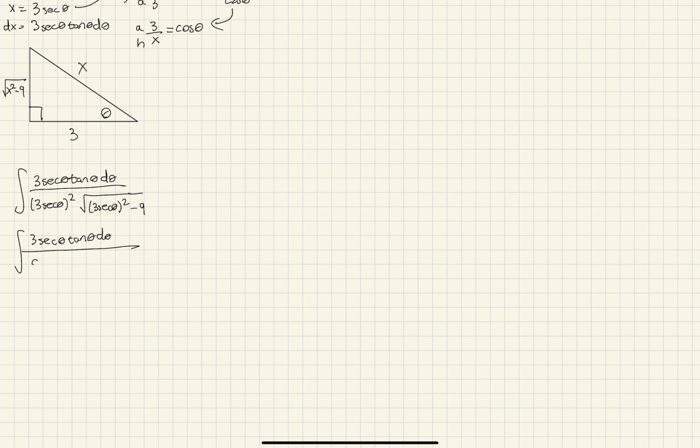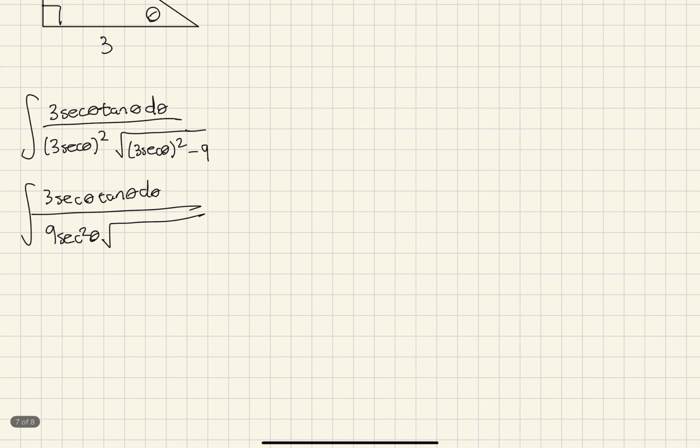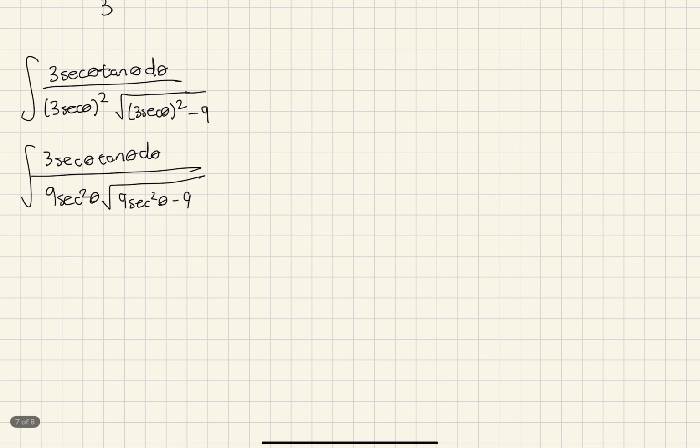So this equals 9 secant squared theta minus 9. From here, you can see that we can factor out a 9. So let's go ahead and do that.